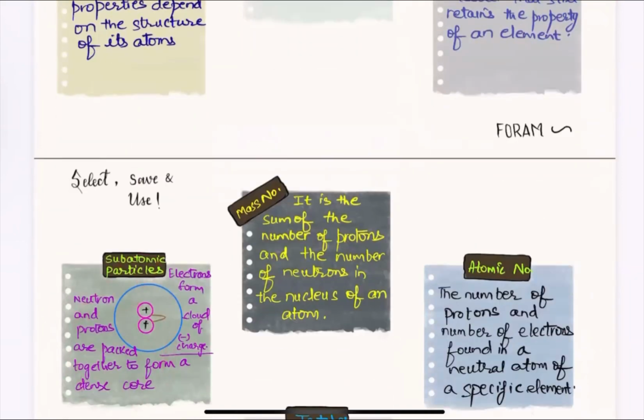Two of these, neutrons and protons, are packed together to form a dense core, the atomic nucleus, at the center of an atom. Whereas electrons can be visualized as forming a cloud of negative charge around the nucleus. Each electron has 1 unit of negative charge, and each proton has 1 unit of positive charge, whereas neutrons are electrically neutral.